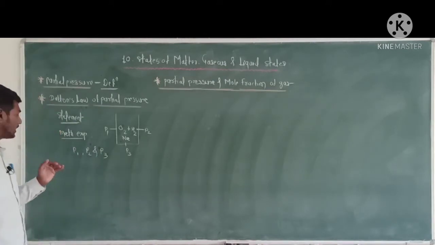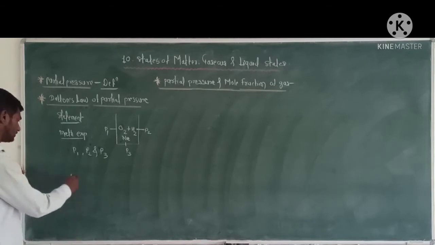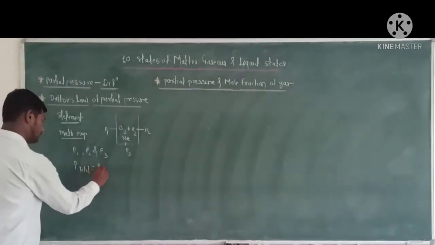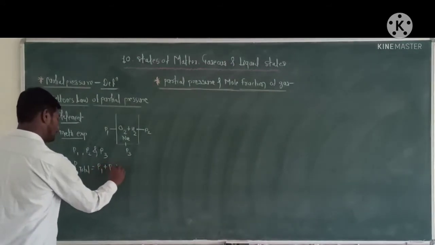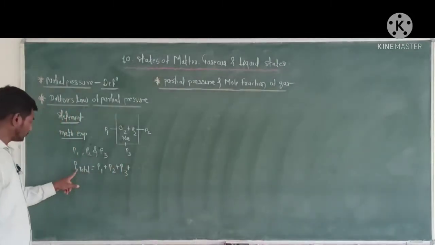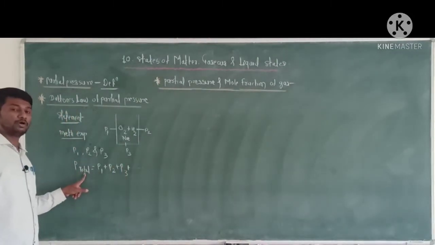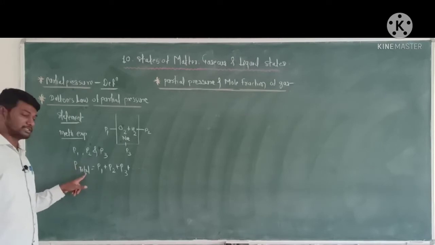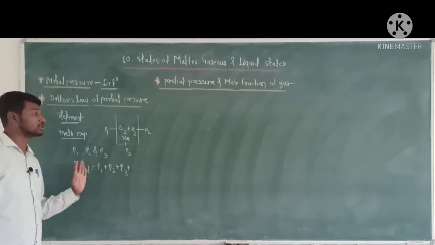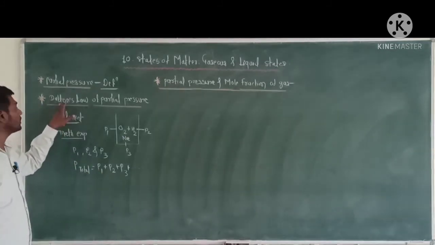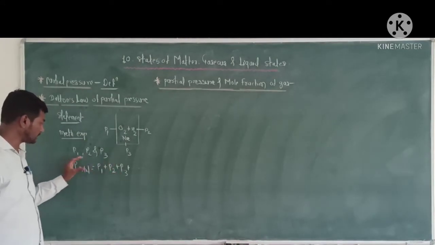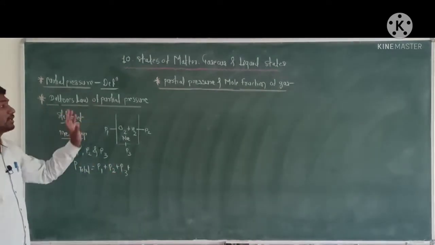Then according to Dalton's law, P total is equal to P1 plus P2 plus P3 plus so on, that is, the total pressure of a mixture of two or more unreactive gases is the sum of the partial pressures of the single gases in the mixture. This is the statement of Dalton's law of partial pressure, and this is the mathematical statement of Dalton's law of partial pressure.